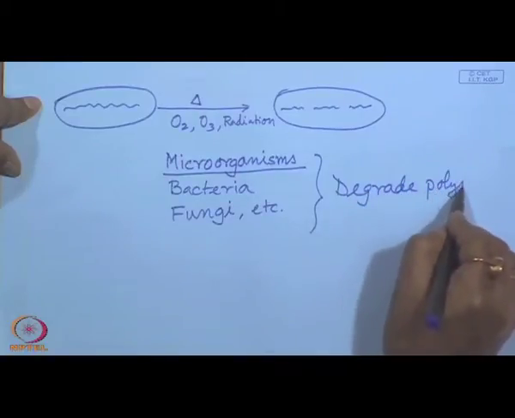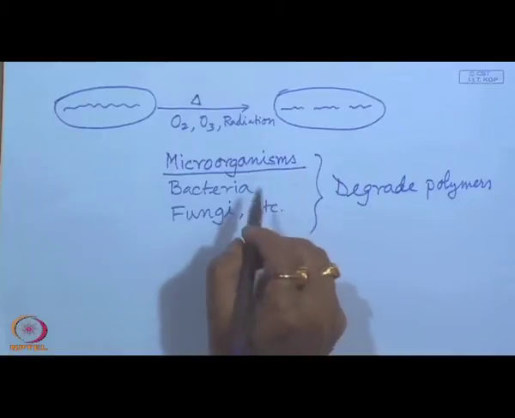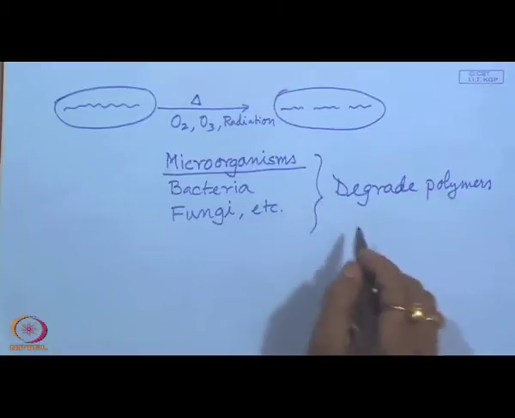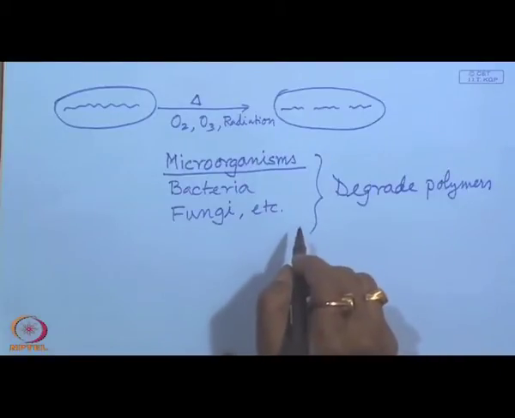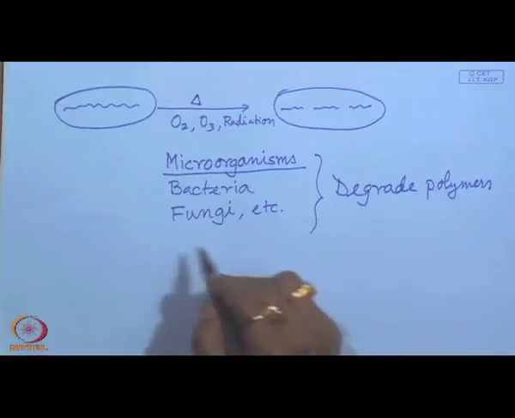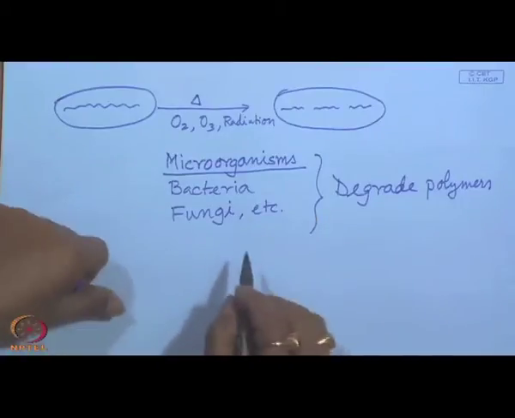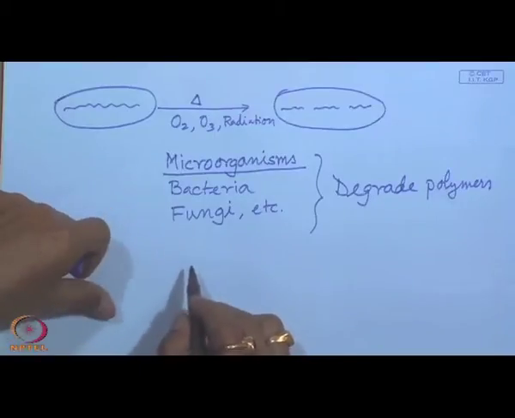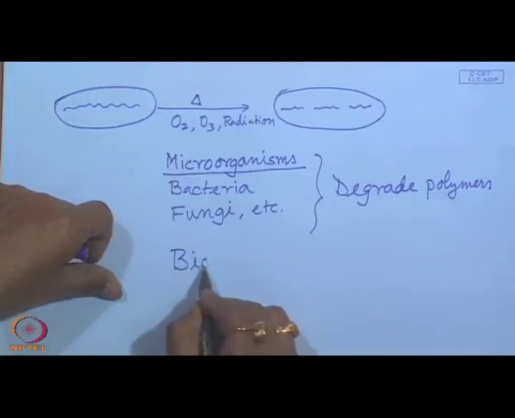During such degradation of polymers by the action of microorganisms, they produce carbon dioxide and some biomass, and some amount of carbon is being utilized as their food from these polymers by the microorganisms. So, that kind of degradation by microorganisms in biological environment, or biological influence, we can call as biodegradation.